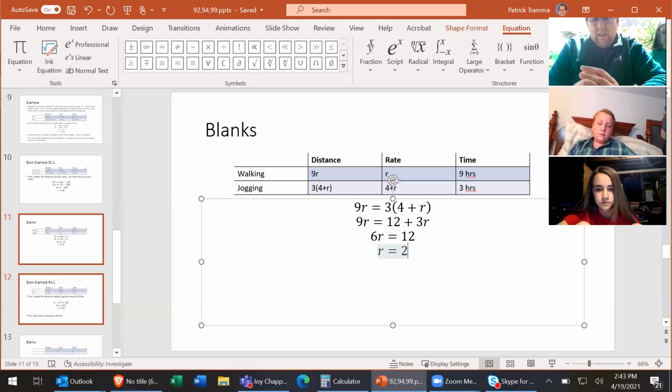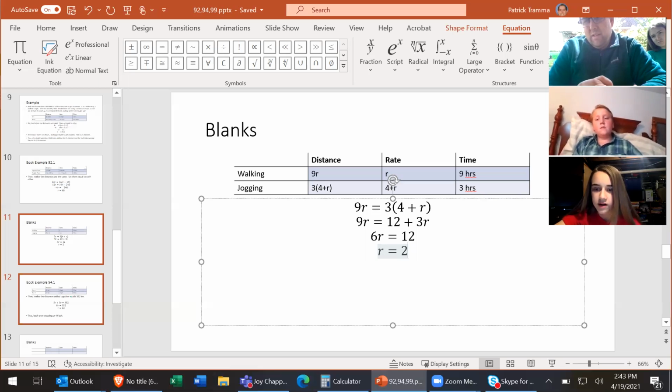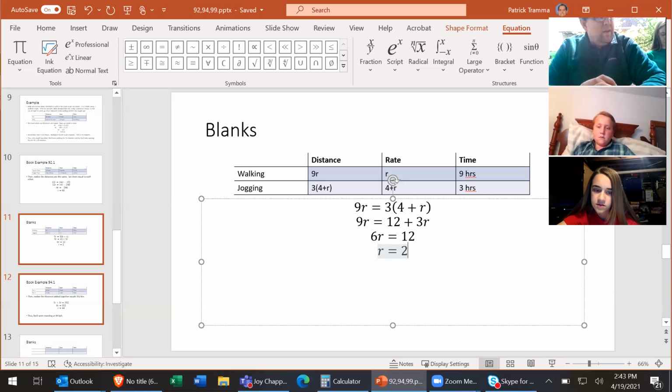So what do we get? 18. So Rosie, we have two different distances. Pick one. The walking distance. Which is? 9R. And what did we just say R equals? 2. So the distance is 18. Bingo. Okay, that makes sense.